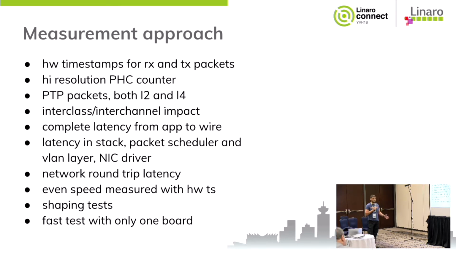In our case, it's class A and class B. With the time between packets, when we send one packet, then a second, then a third one, we can measure the time between those two packets and see how one channel impacts another.